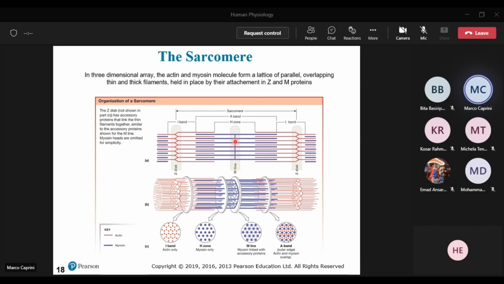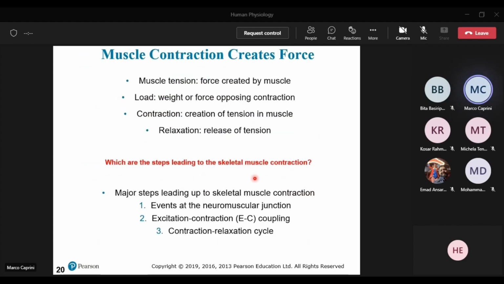So the final view of the sarcomere shows that each thin filament is surrounded by 3 thick filaments, and 6 thin filaments encircle each thick filament. This is an important issue that we have to remember, because here the process of contraction takes place.